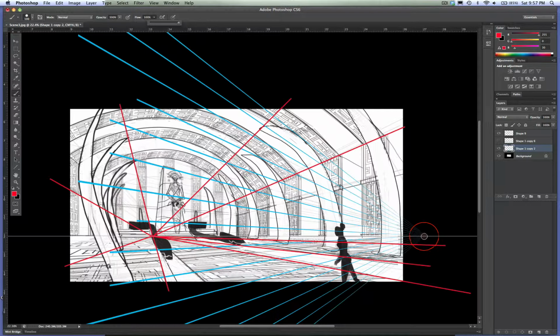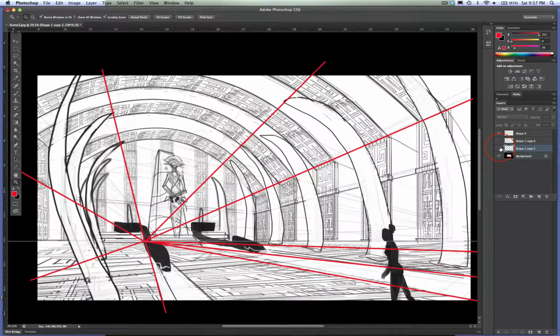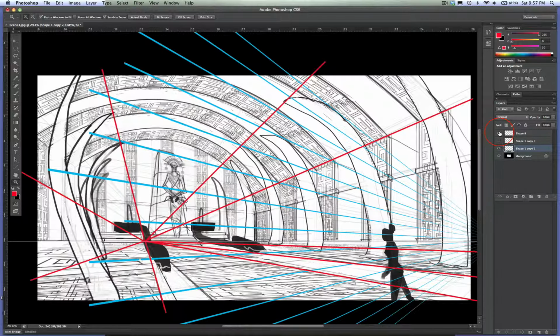So the vanishing point on the right hand side is right there. It's pretty close. The closer your vanishing points are to each other, the more distortion you're going to have. It just gets more distorted. It's like a wide angle lens.